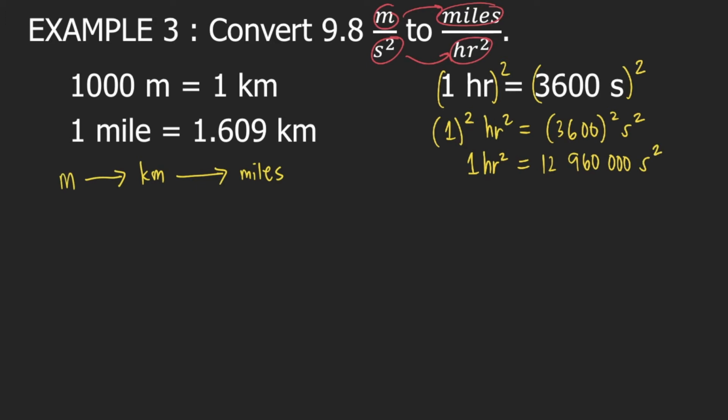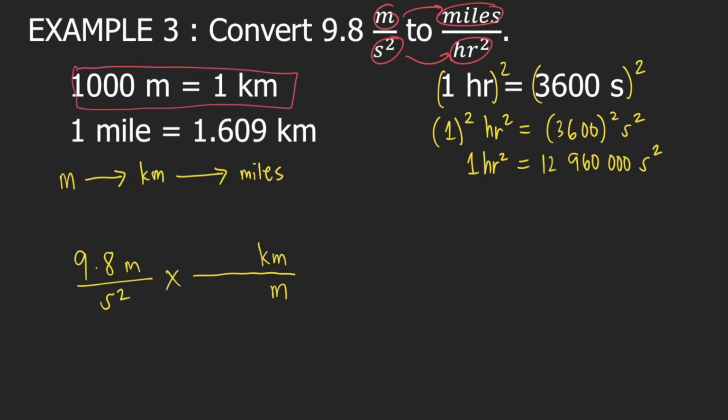Then we can proceed to the dimensional analysis. The given is 9.8 meters per second squared. So let's do this 1 unit at a time. To cancel meters, we will put the other one on the bottom and put kilometers on top. 1,000 meters is equivalent to 1 kilometer.